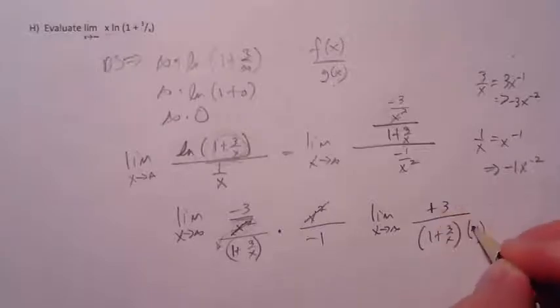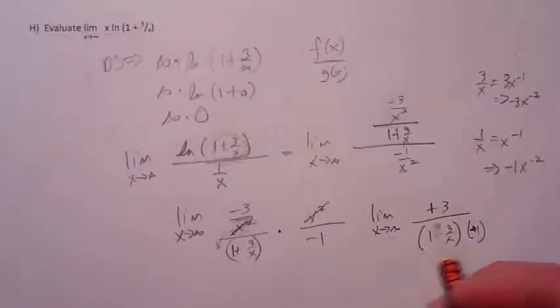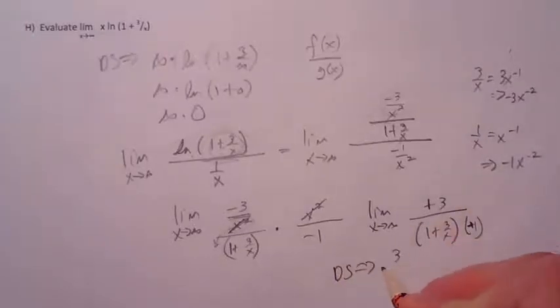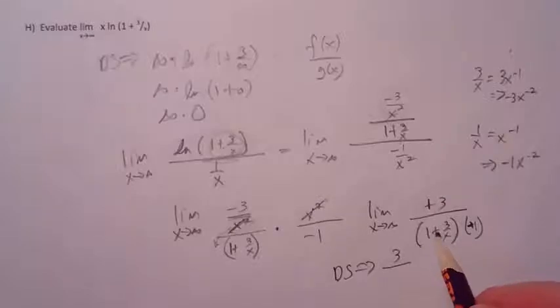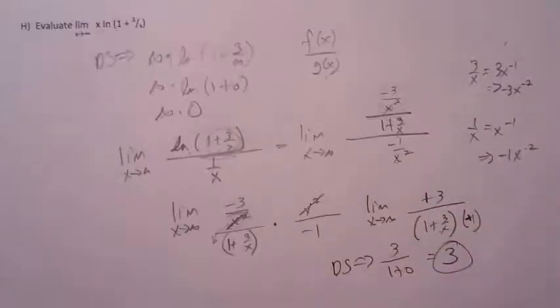This negative and this negative would make a positive. If I direct sub into what's left, I've got 3 on top, and I've got 1 plus 3 over infinity on the bottom. That's going to be 1 plus 0, which would give you 3 overall.